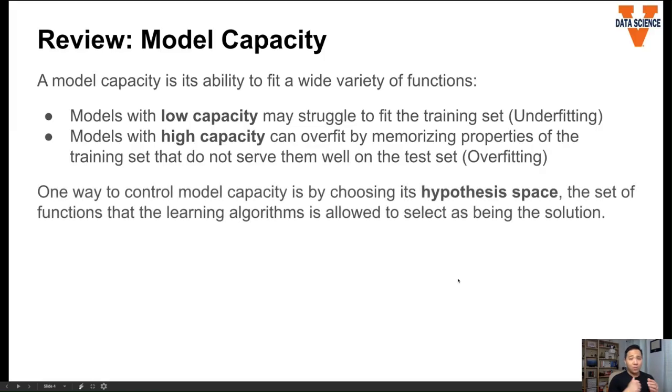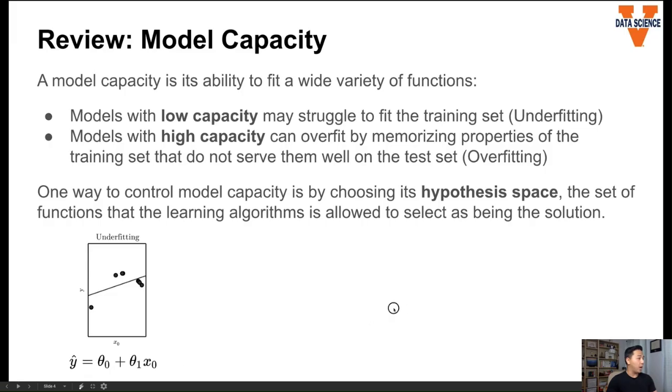One way to control the model capacity is by choosing it from the hypothesis space. In neural network terms, that means you design the layers and the network to make sure it is optimal for the learning algorithm to achieve a solution. If your model has too low capacity, you might have underfitting. In this case, you only have a low degree polynomial with degree 1.